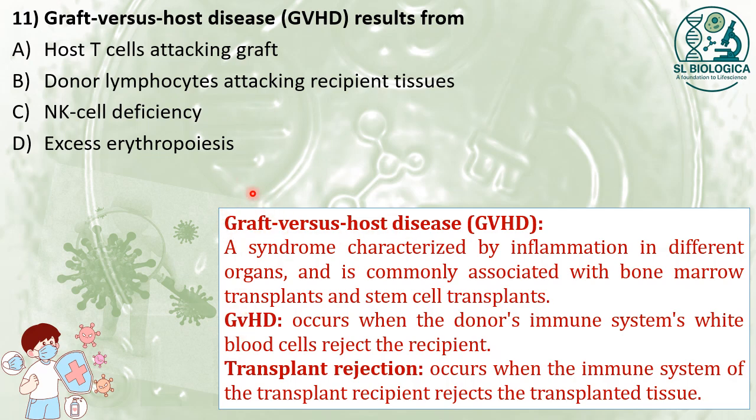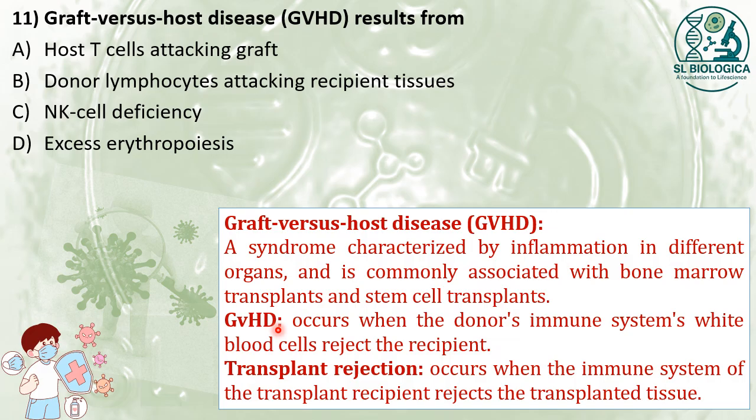So graft here is the donor cell. Here the immune system or the white blood cells of the graft or the donor cell, the transplanted tissue, will act against the host. Host means the recipient system. So we will develop multiple inflammatory reactions in different organs. Okay, so that is GVHD.